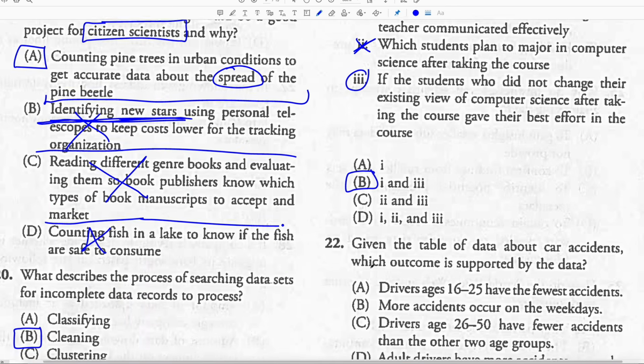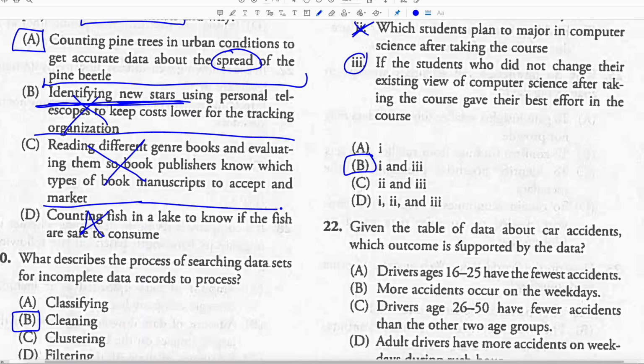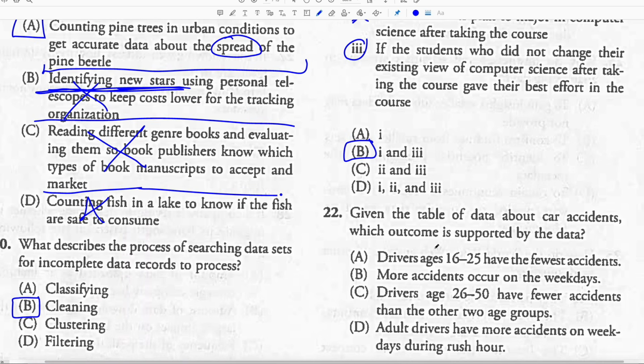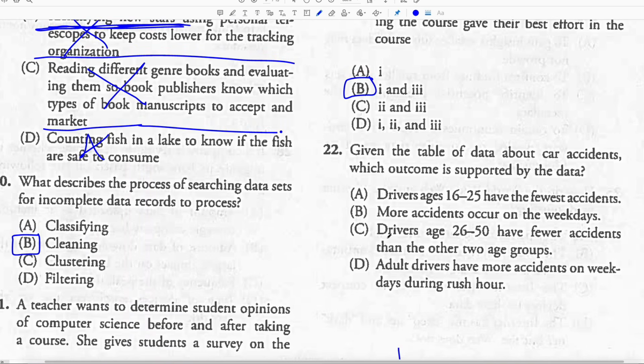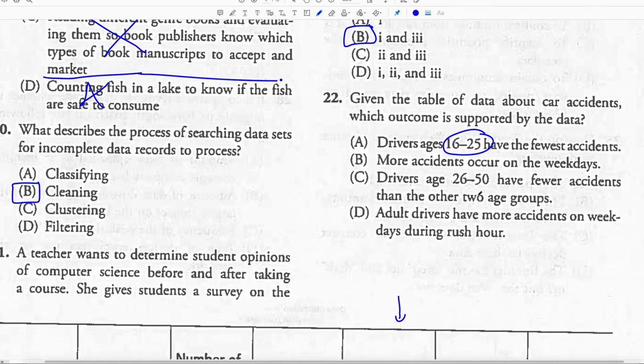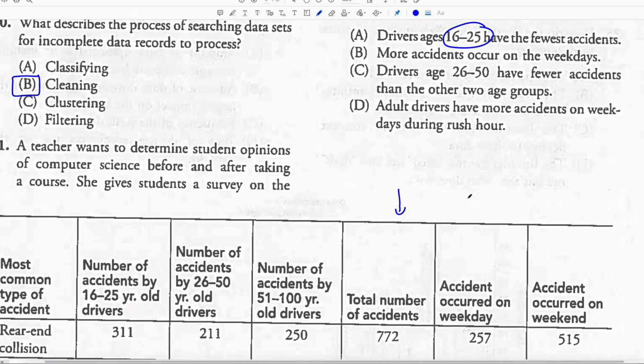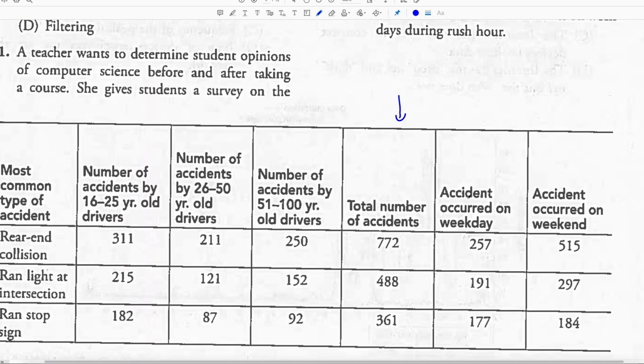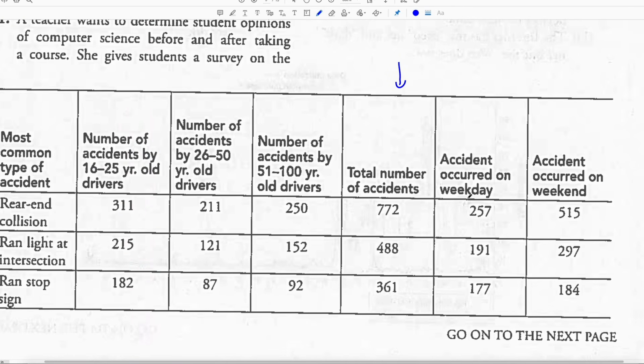All right, 22. Given the table of data about the car accidents, so that's the table at the bottom, which outcome is supported by the data? Okay, so let's read each of them and then go to the data. So drivers ages 16 through 25 have the fewest accidents. That does not seem like it should be accurate, but let's look. So we've got ages coming up.